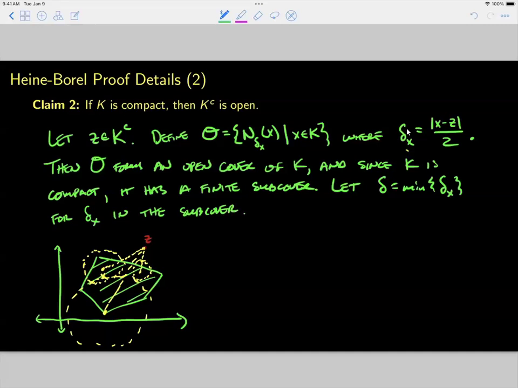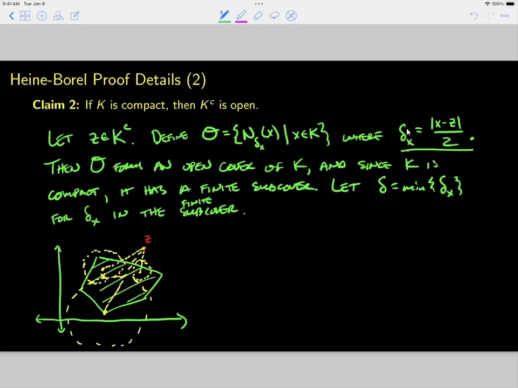So once you take your finite subcover, now look at all the delta x's for all the neighborhoods that are still remaining in your finite subcover. One of them is the smallest one. And what's important here is you have all these delta x's. Each of the delta x's up here is greater than 0. Z is not in your set, so these all have to be greater than 0.